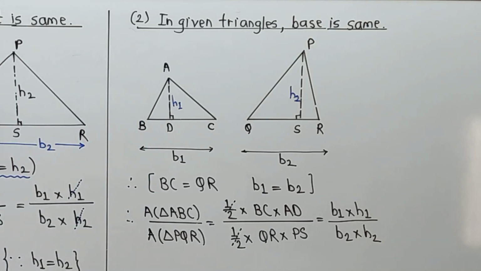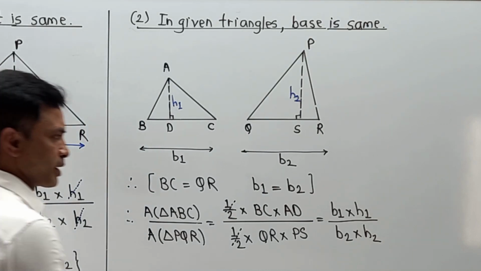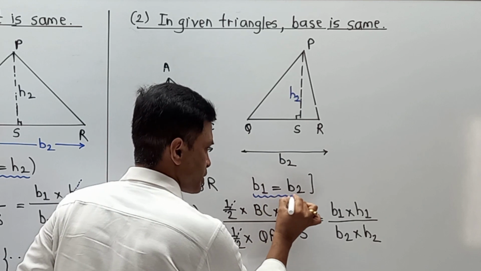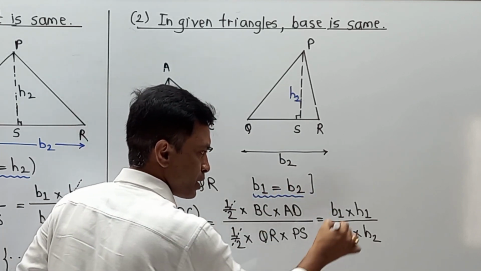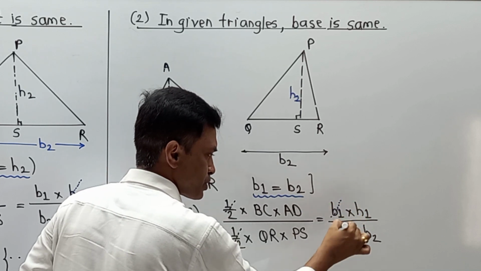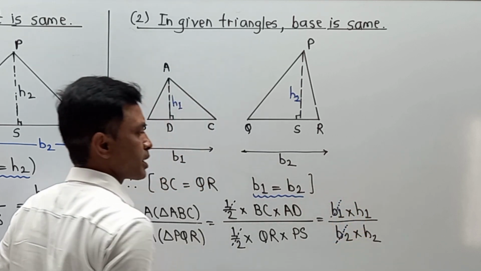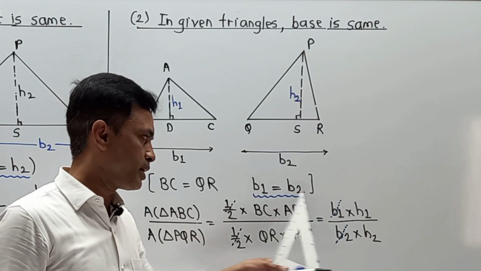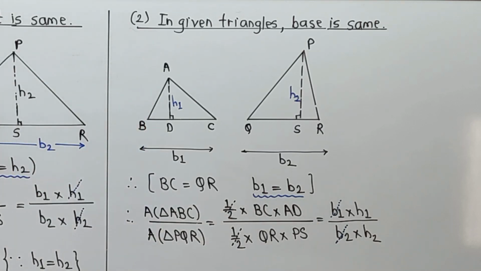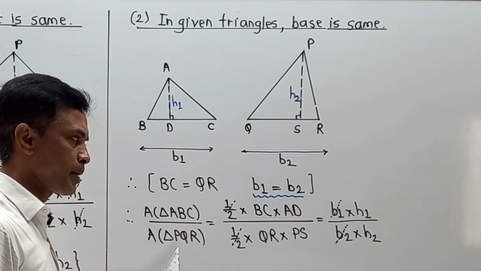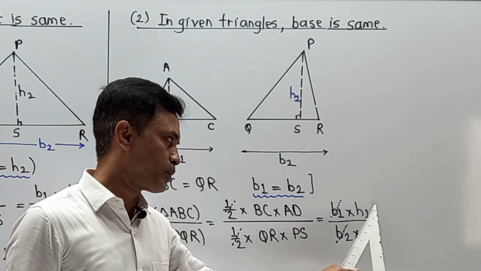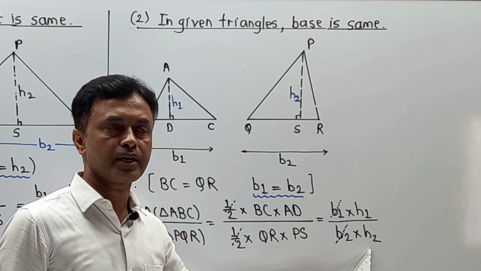But as per our given condition, base of first triangle is exactly equal to base of second triangle in terms of value. So cancelling base of first triangle with base of second triangle, naturally you will get the conclusion: area of first triangle divided by area of second triangle is equal to height of first triangle divided by height of second triangle.